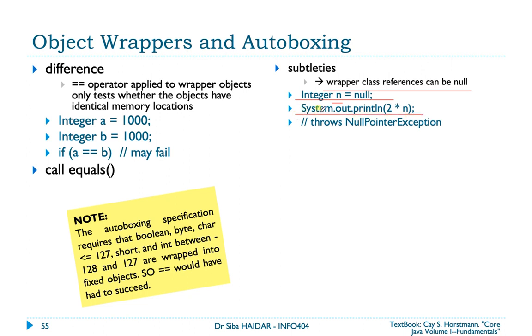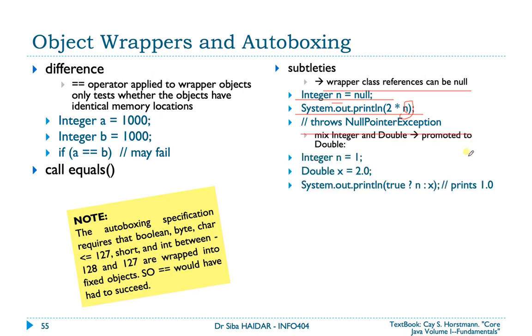such calls. System.out.println of 2 times n, where n is a null value. The compiler will try to auto-unbox this, and there is nothing referenced by n, so it will of course throw a null pointer exception. Mixing Integer and Double is another subtlety. Here you have Integer n equal 1, Double x equal 2.0, which are both auto-boxed into Integer and Double types.